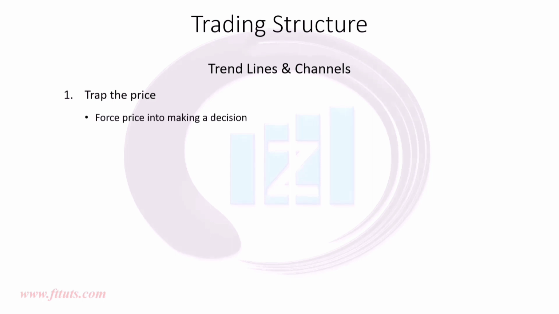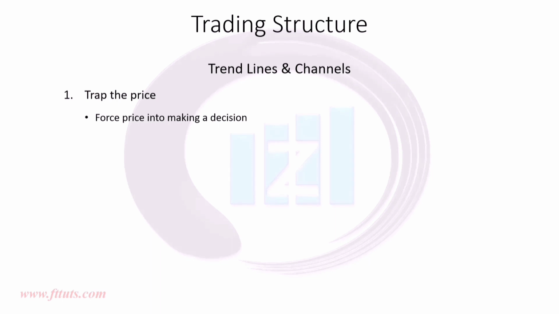Now, like I said, we want to force price into making a decision. Being rejected or retesting a trend line is also a way of forcing price into making a decision, because it allows us to put a very tight stop loss on a trade.